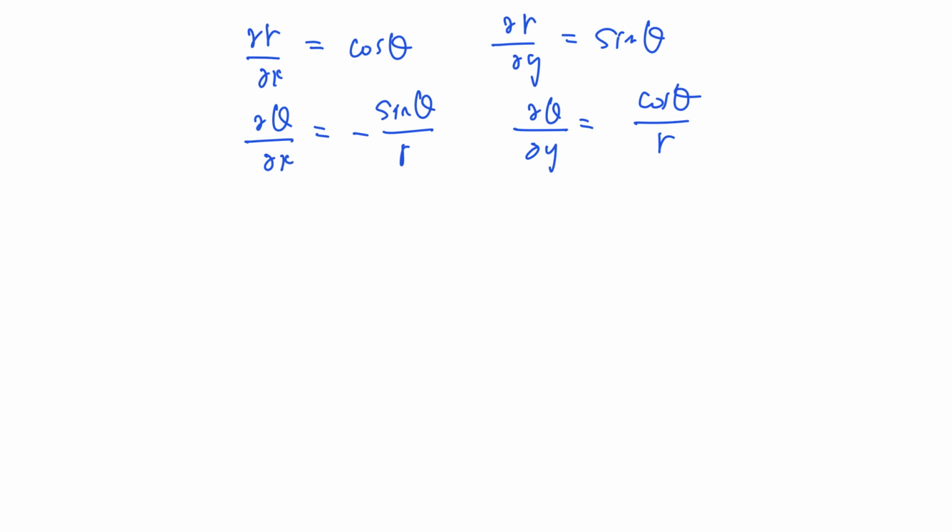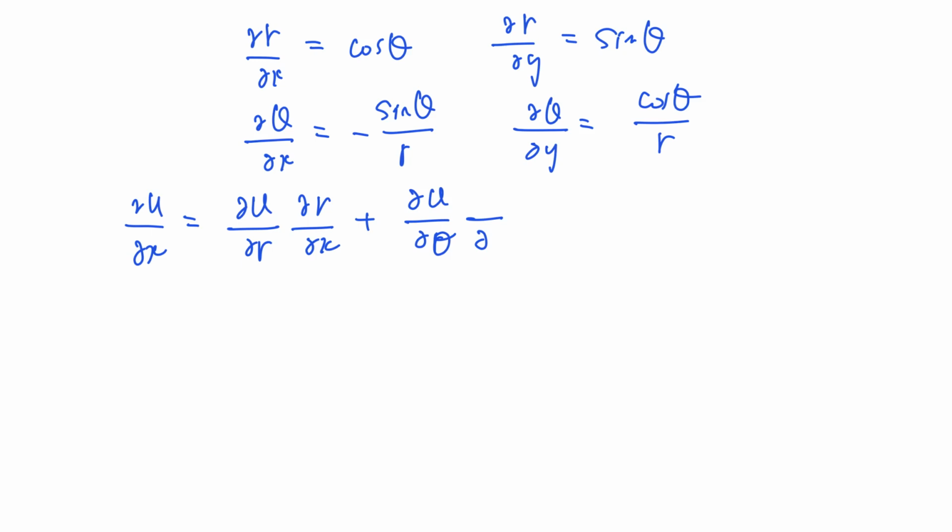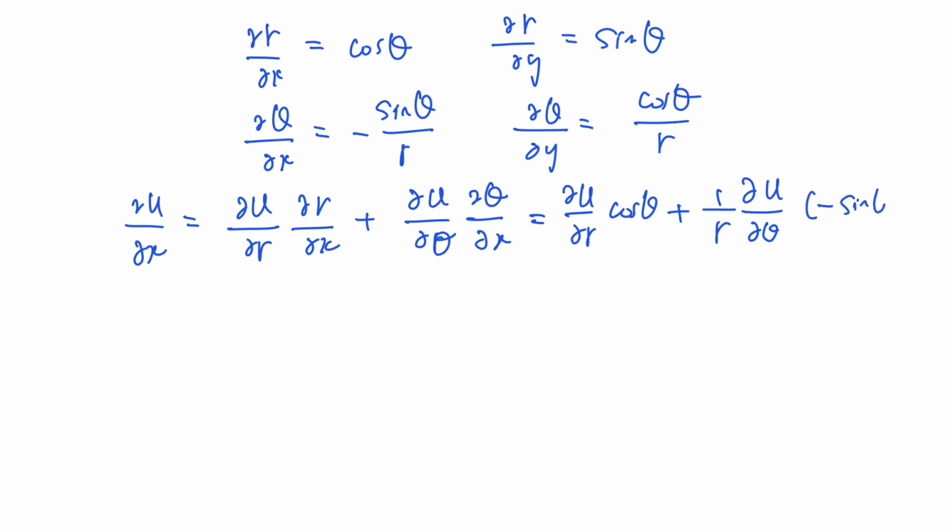So therefore, the first Cauchy-Riemann condition: partial u over partial x is partial u over partial r times partial r over partial x, plus partial u over partial theta times partial theta over partial x, which is partial u over partial r cosine theta plus 1 over r partial u over partial theta times minus sine theta.